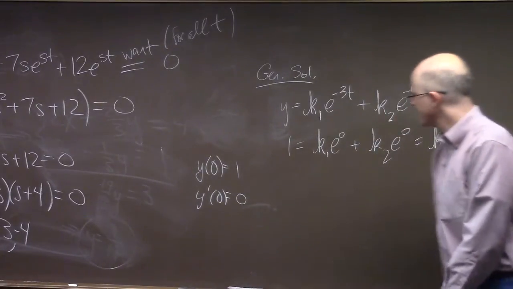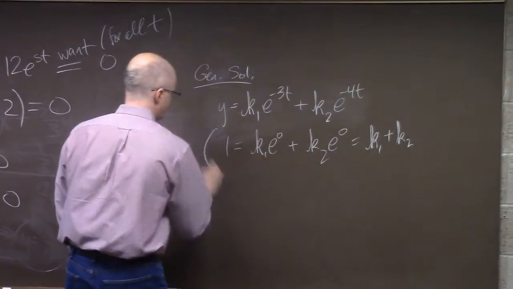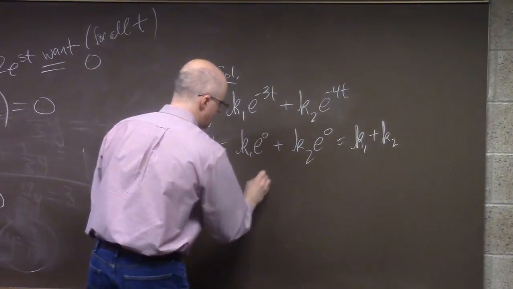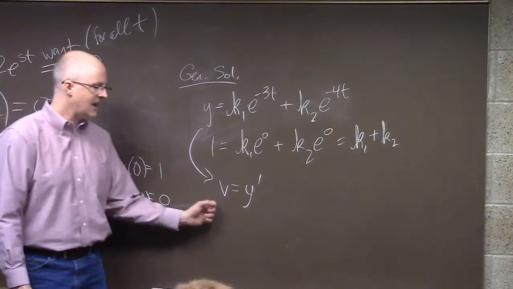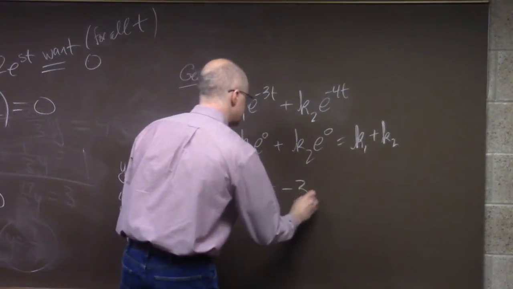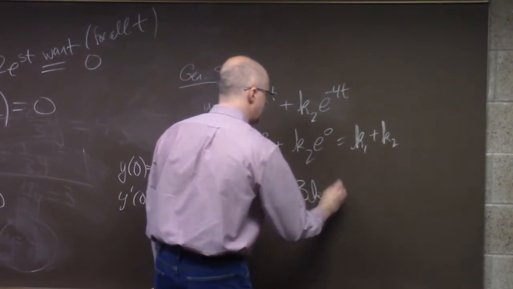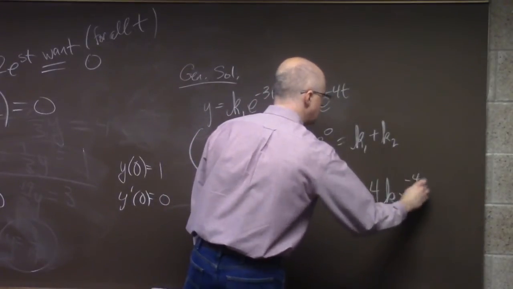To use the second initial condition for the initial velocity, I'd have to differentiate the function. I'd have to find the velocity. I'll go ahead and call it v here in anticipation of our next topic today. V is the velocity, that's the derivative of the position, which by the chain rule is -3k1 e to the -3t minus 4k2 e to the -4t.